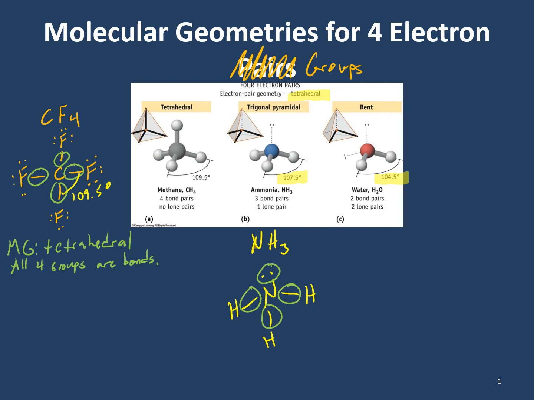So we still have four groups here. This is still an electron group geometry of tetrahedral. But because one of those groups is a lone pair, the molecular geometry is trigonal pyramidal. And this one occurs where we have one lone pair on the central atom and three bonding groups.